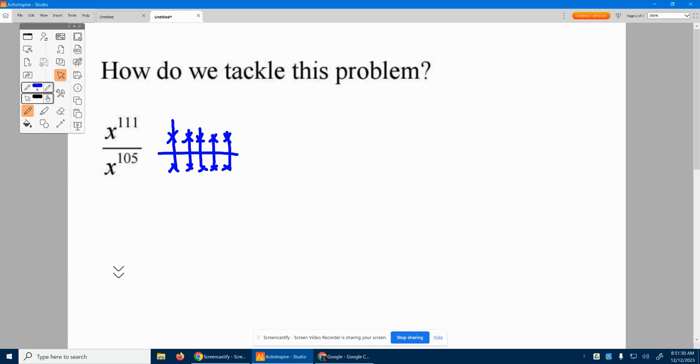But if you have 111 up top and 105 in the bottom, you should be able to see that you're going to cancel. 105 are going to go away with the bottom 105, and you'd be left with how many extra here? 6. So up top, this answer is just x to the 6th over 1. So it's just x to the 6th. And yes, sometimes your teachers teach you to subtract, but I want you to think and realize and picture what is exactly happening here.